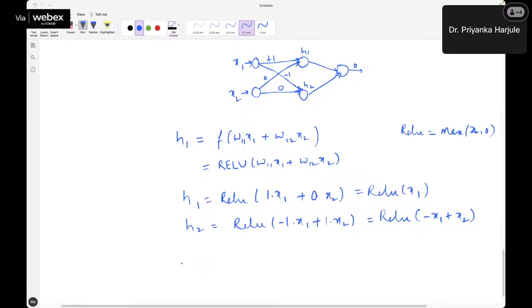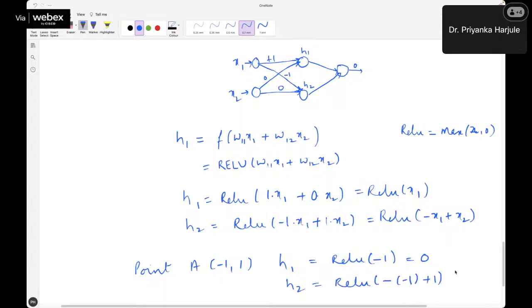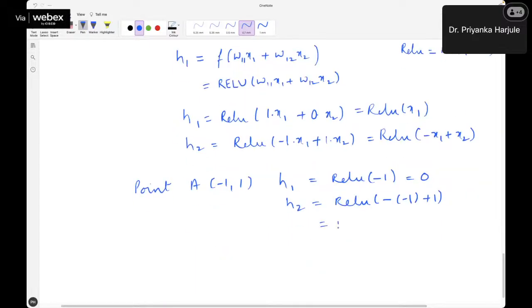Point-wise, for the point A, that is (-1, 1), H1 is ReLU of x1, which is ReLU of -1, that is 0. And H2 is ReLU of -1 plus 1, that is ReLU of 2, which is 2. So the output is H1 plus H2, which is 0 plus 2, that is 2.